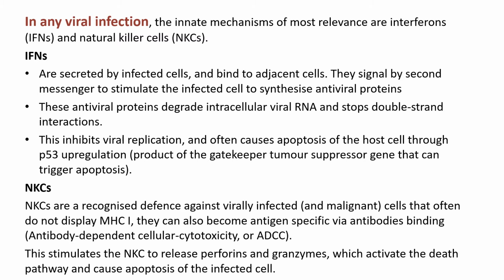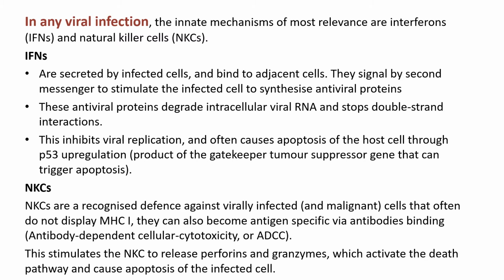They can also become antigen specific and operate within the adaptive response if antibodies bind to them. If you remember, the antibody has Fab regions that are antigen specific, and the antibody can bind to a natural killer cell via the Fc and then bind to the target.